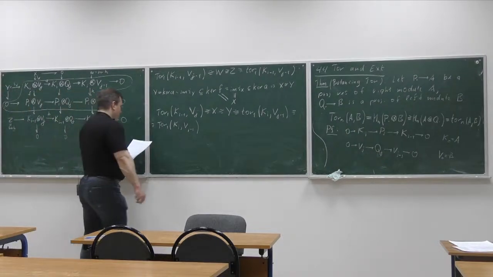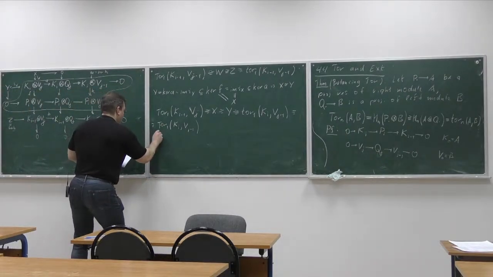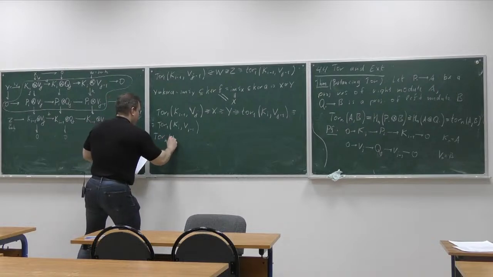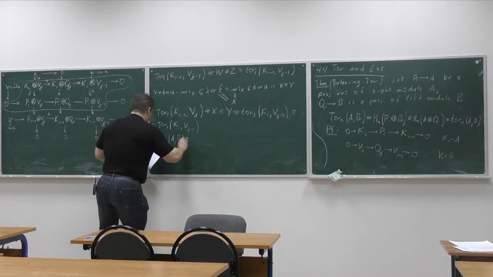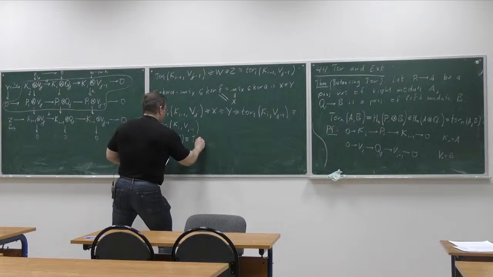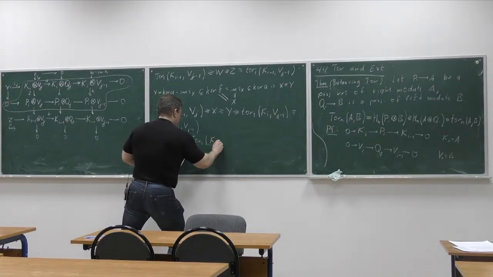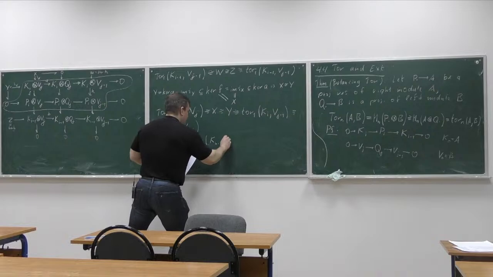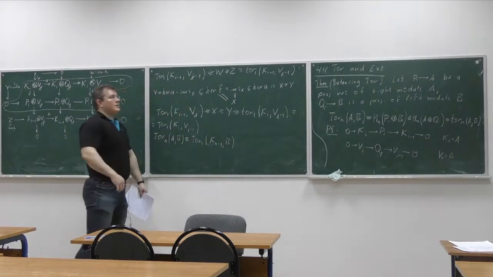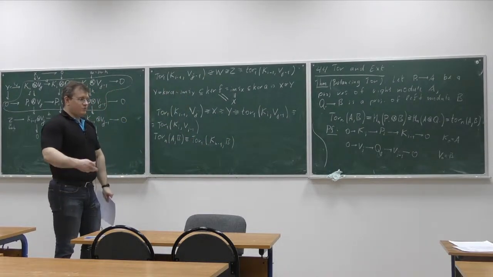Now, the last computation that gives me the proof of this theorem. Tor with the index n between objects A and B, I can compute as a Tor1 with the syzygy kn minus 1 b. That's a proposition, well, one before the previous one.